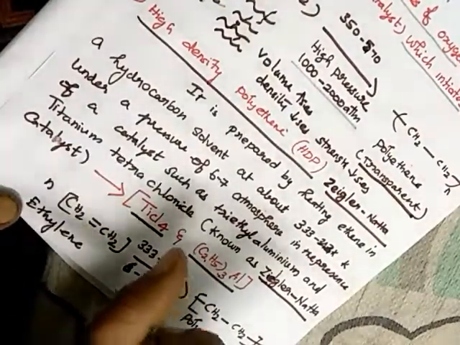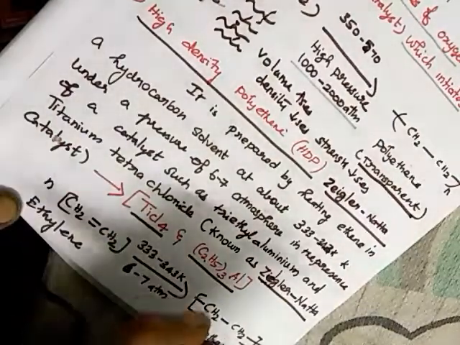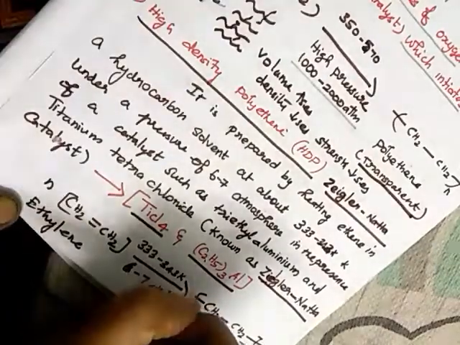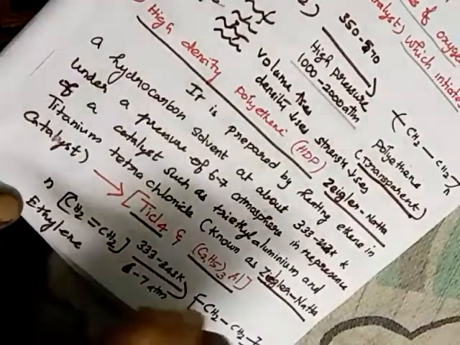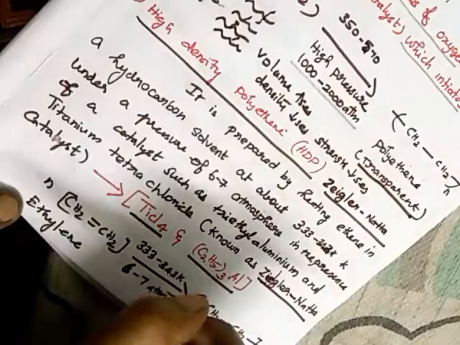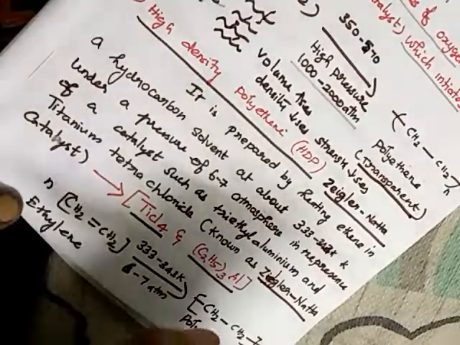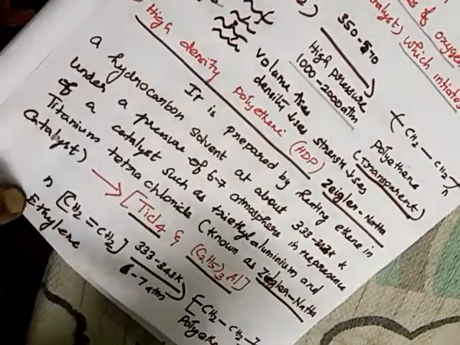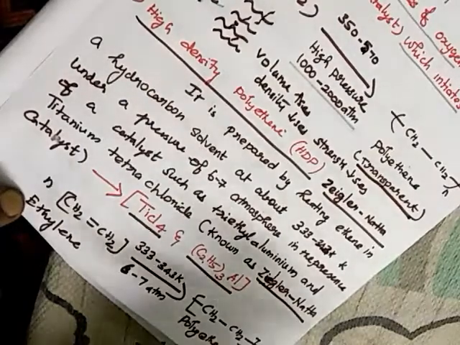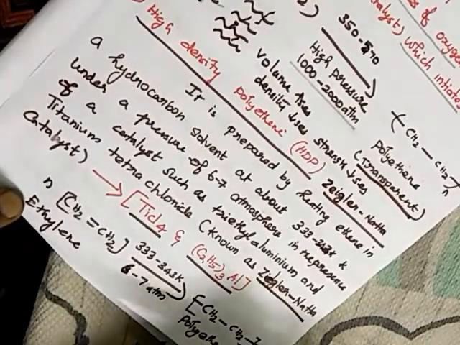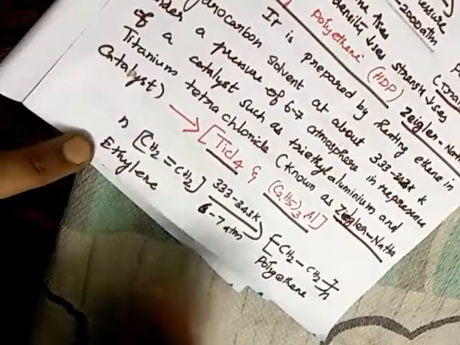So why, in the preparation of HDPE polymer, are we using low temperature as well as low pressure? Because of the special catalyst we are using here, which is nothing but the Ziegler-Natta catalyst, that is titanium tetrachloride plus triethyl aluminium, right? Okay, so just look into the equation, children.